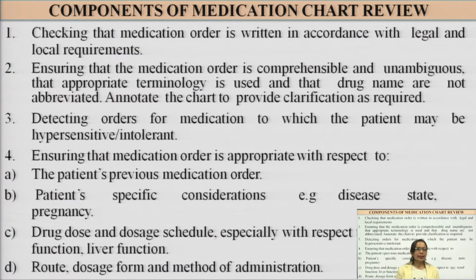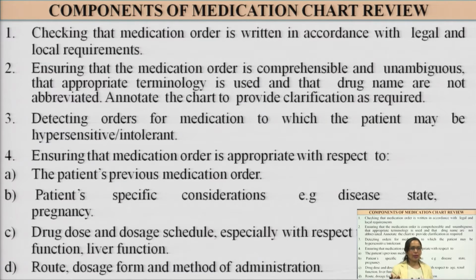Another thing is to annotate the chart to provide clarification as required. So, total clarification must be there. And the next thing is detecting orders for medication to which the patient may have hypersensitivity or any type of intolerance.